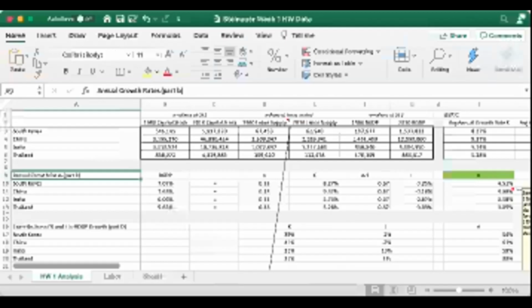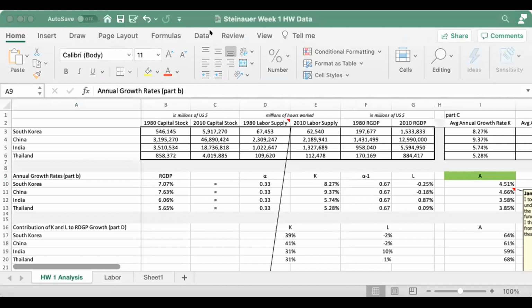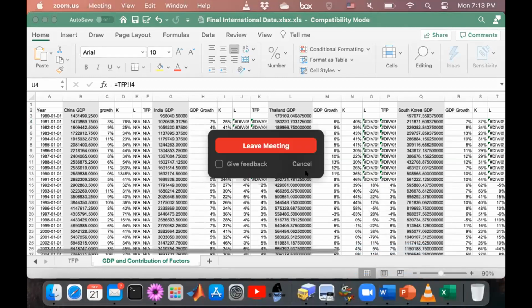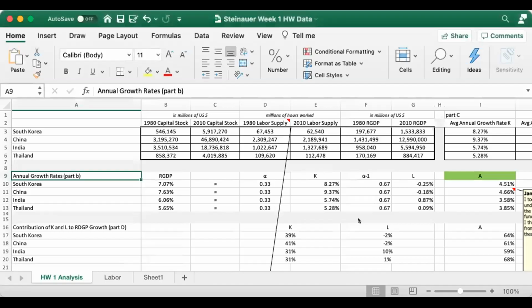There's an issue with my computer. All right, so let's look at this one.